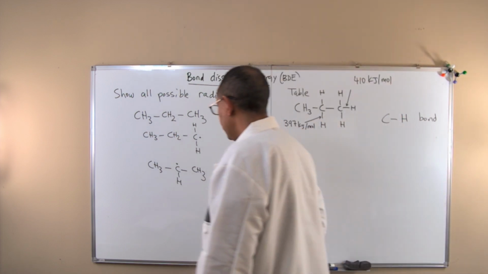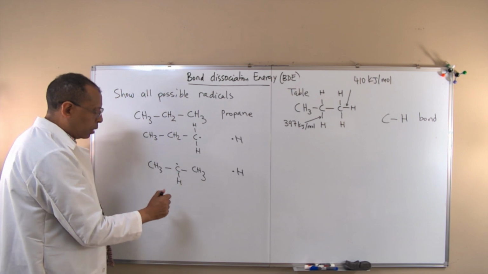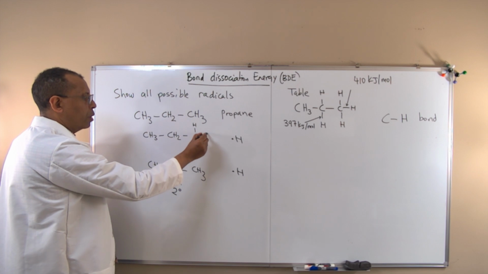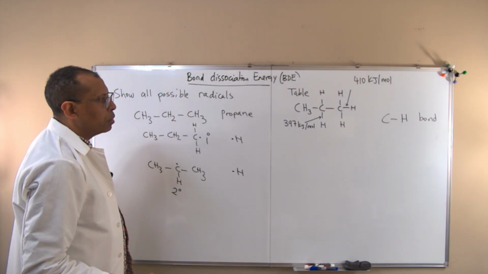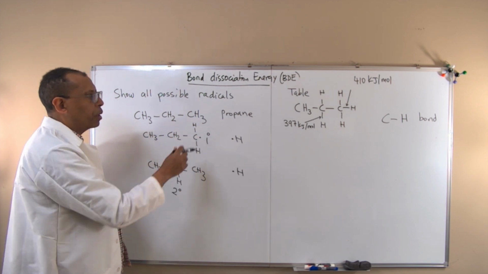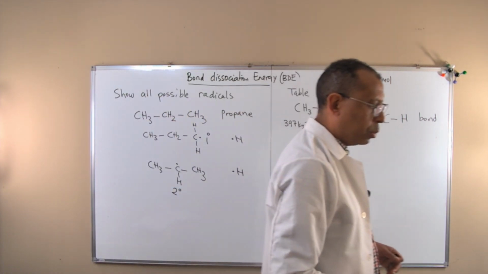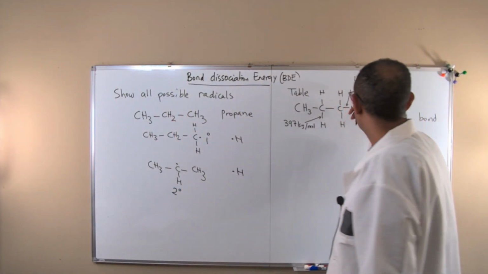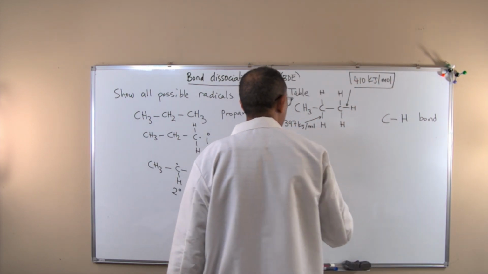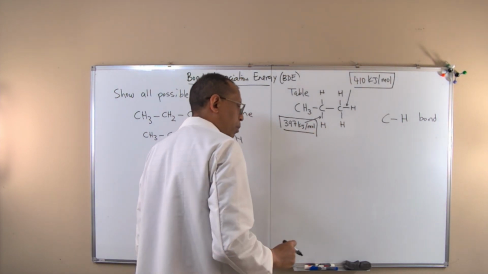This tells you that this carbon is a secondary carbon. This carbon is a primary carbon. So the amount of energy required to break a primary bond is much higher than a secondary. This is what we see. So primary needs 410 kilojoules per mole, but the secondary one needs 397 kilojoules per mole.